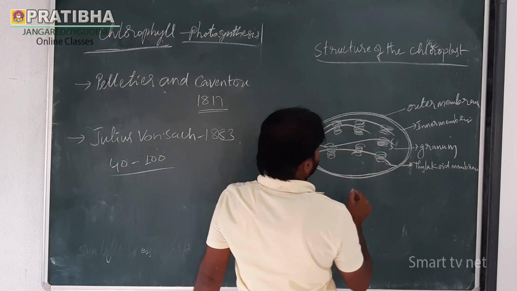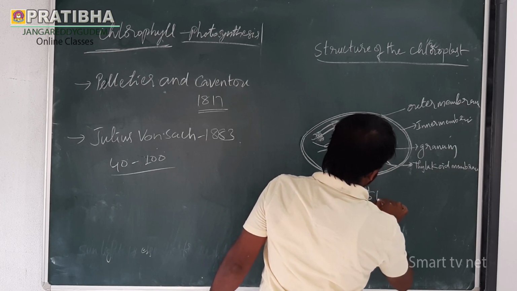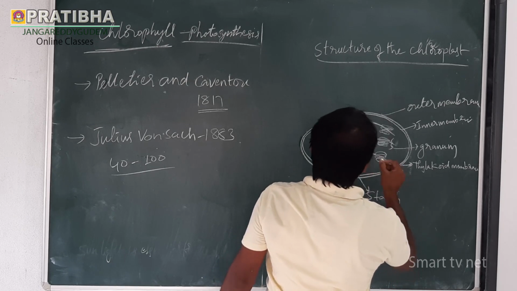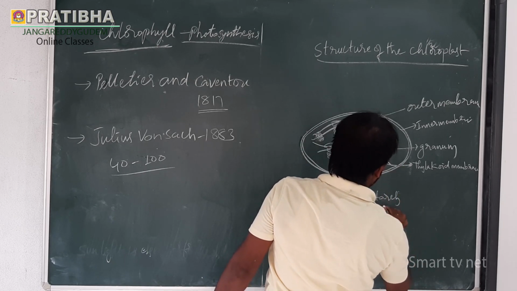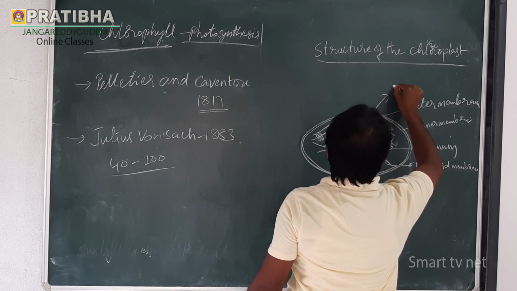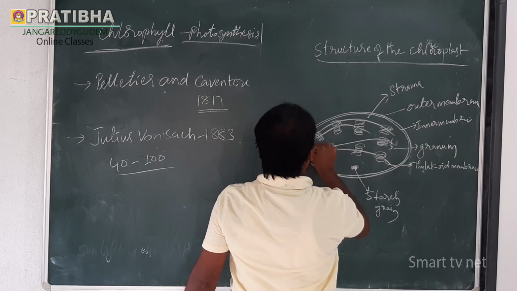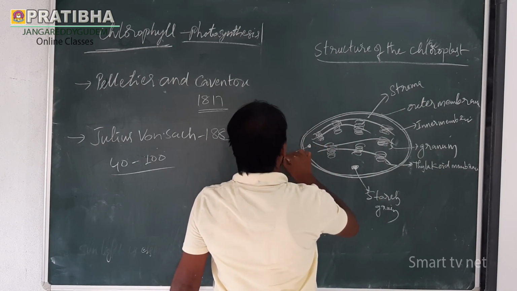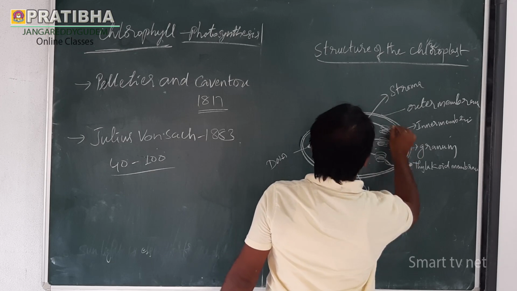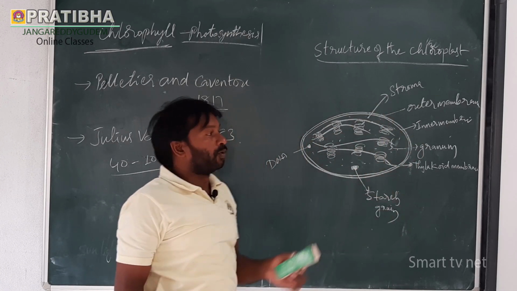Starch grain. This portion is called the stroma. DNA. This is the structure of the chloroplast.